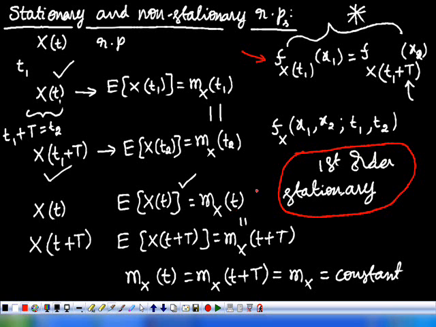That's why this particular density function is called the first order density function, a density function of order 1. Therefore, the density function of order 1 is not varying with time, because this condition is satisfied. So the random process is said to be a first order stationary random process. Now again let the same process be x of t.